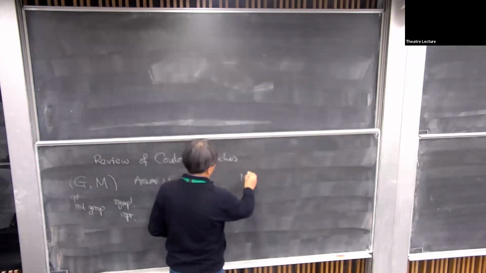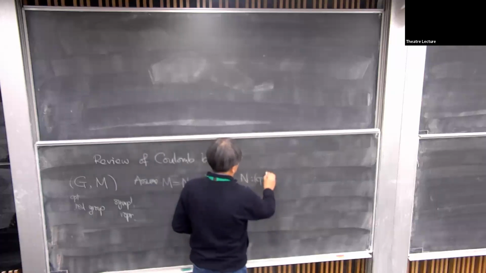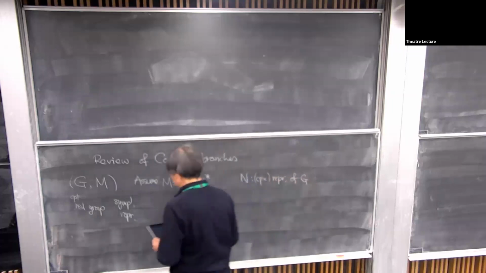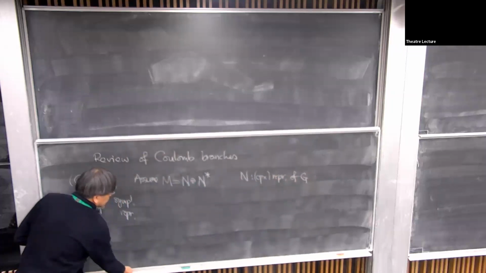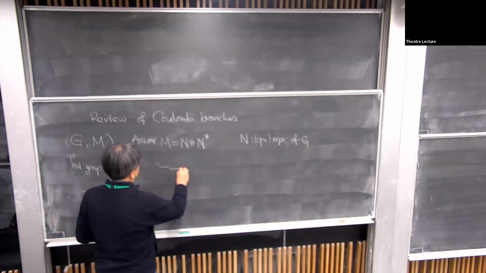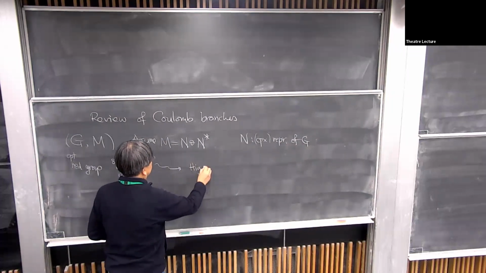So N is a complex usual representation. Then you assign two symplectic varieties to this. One is the Higgs branch, which is easier to understand.